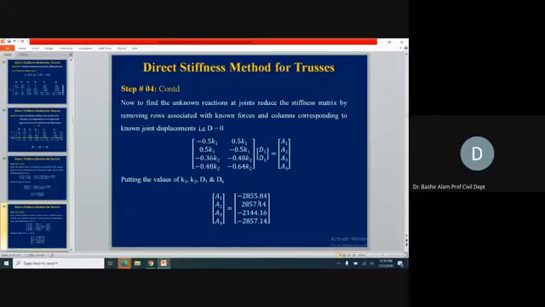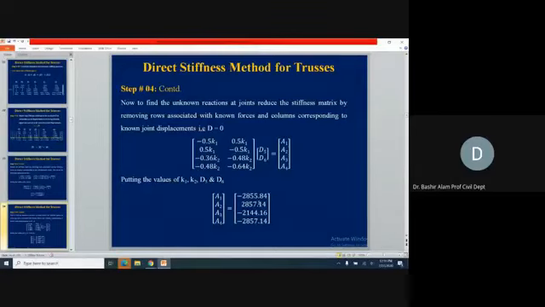We found the support reactions now, but we don't have the member forces yet. So how do we find the member forces? You see, the displacements at the joints we have, but those are in the global coordinate system.